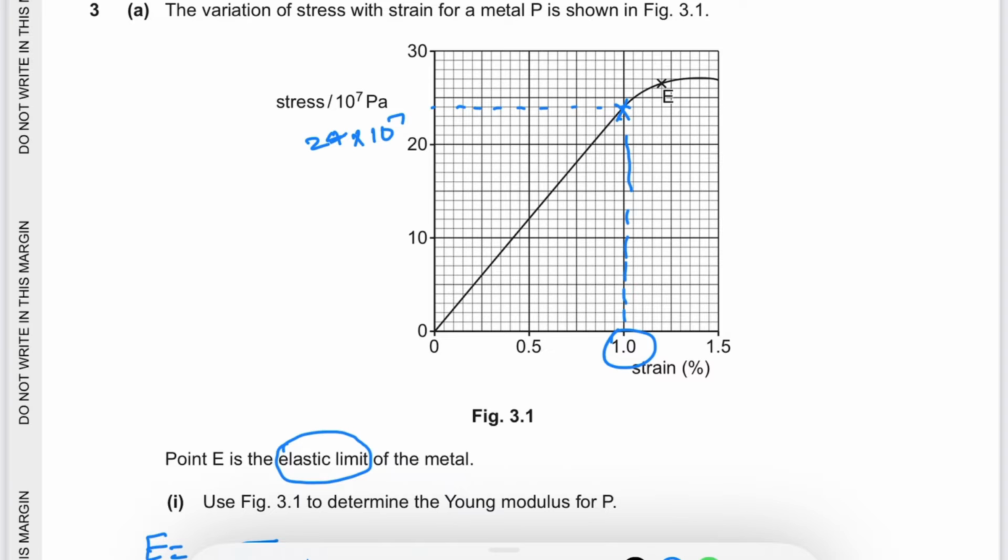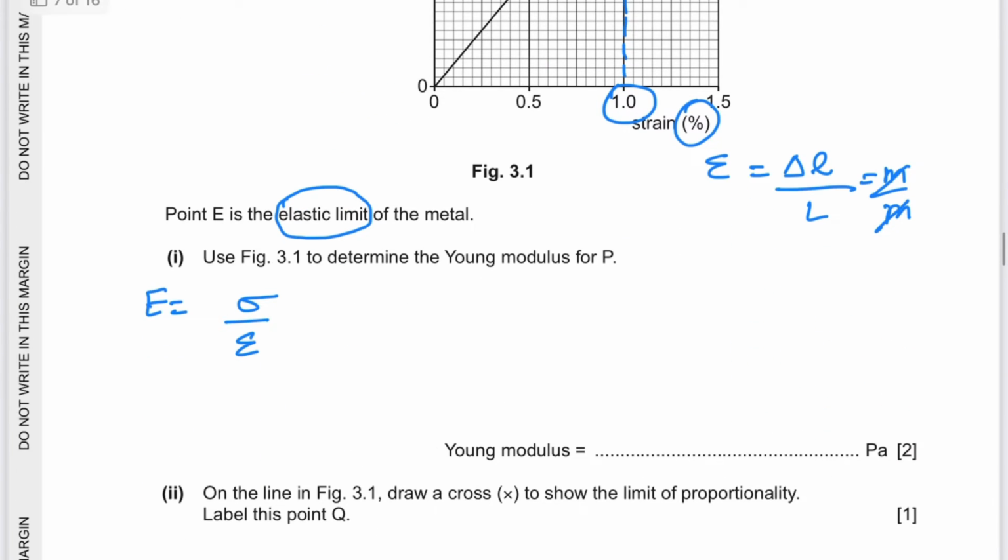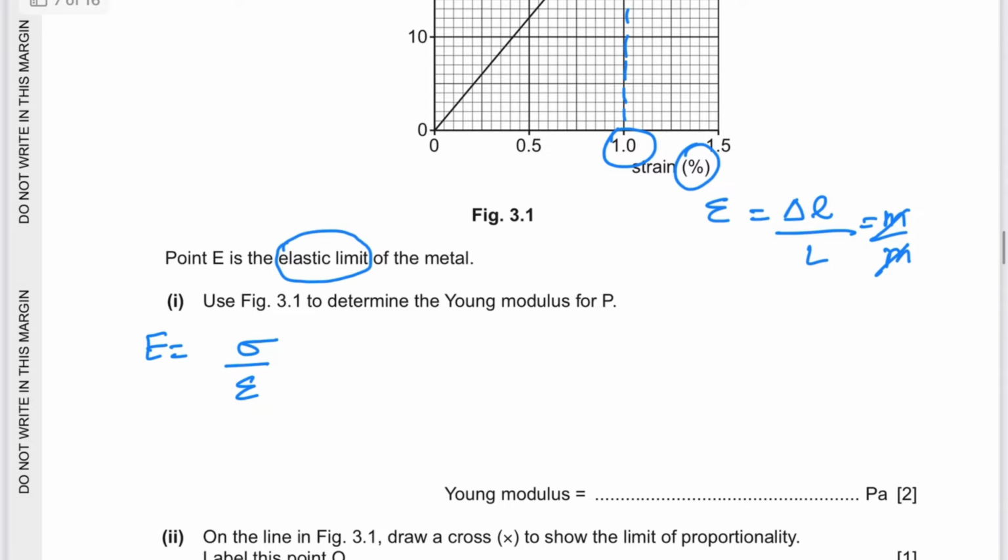Now remember, strain is equal to extension or change in length divided by original length. That means the units cancel out. You do not have any units for strain. So you need to convert the percentage into a numerical value without units. And for that, you would simply divide 1 by 100. That leaves you with 0.01 value for the strain.